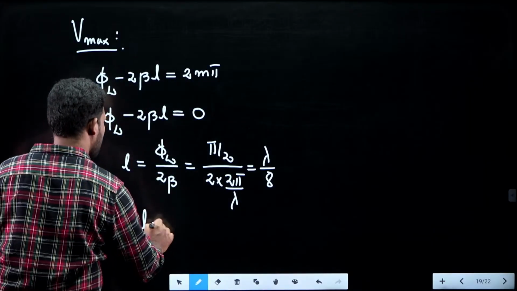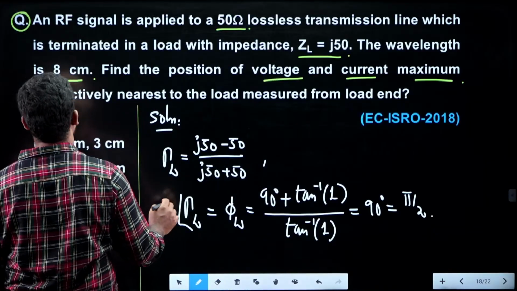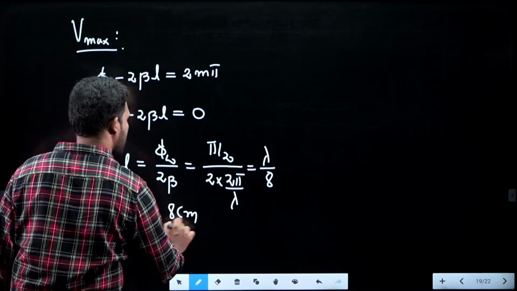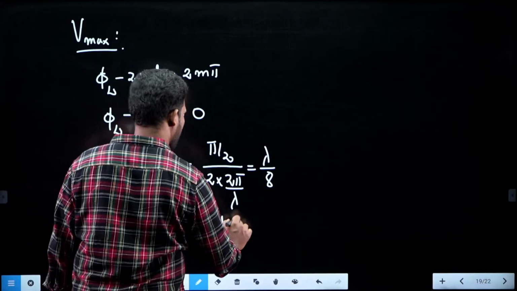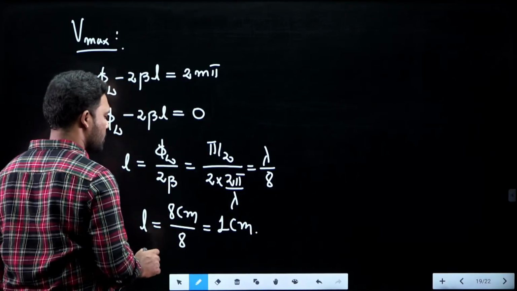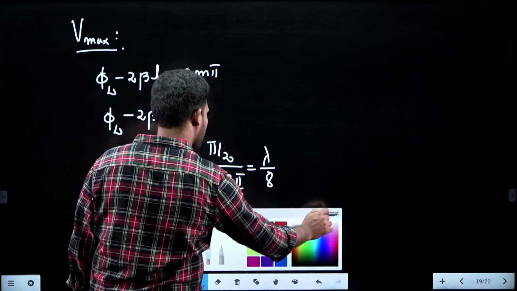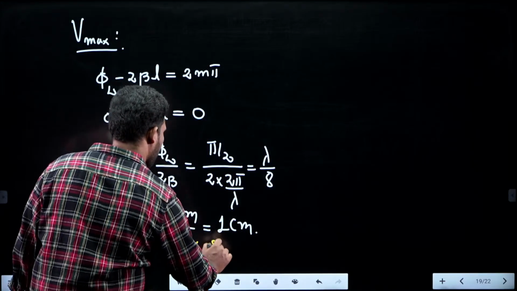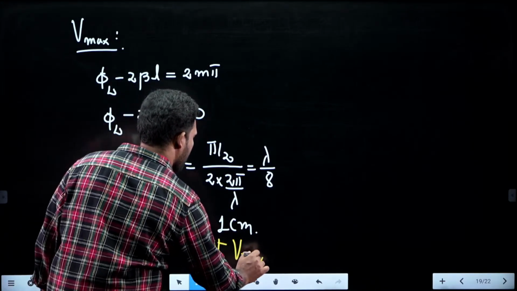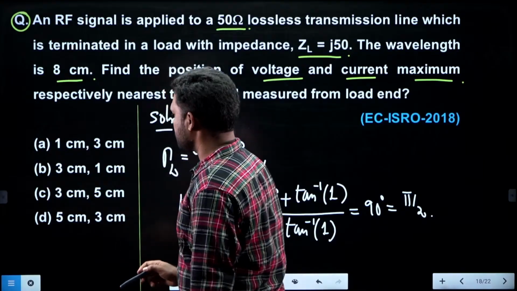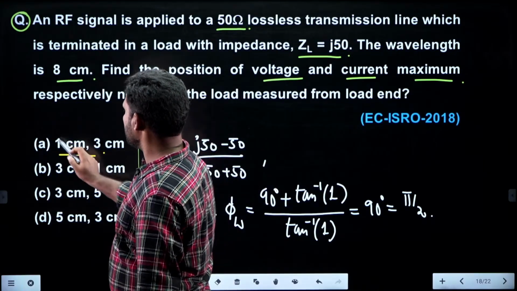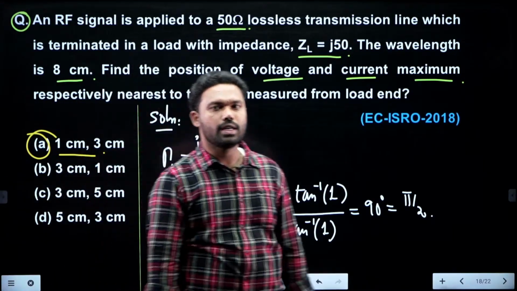So it is asking in centimeters. What is the lambda, guys? Lambda is 8 centimeters. So it is 8 centimeters by 8, it is 1 centimeter. So this is the location of the first voltage maxima, 1 centimeter. So option A is the answer. From here itself you can decide.